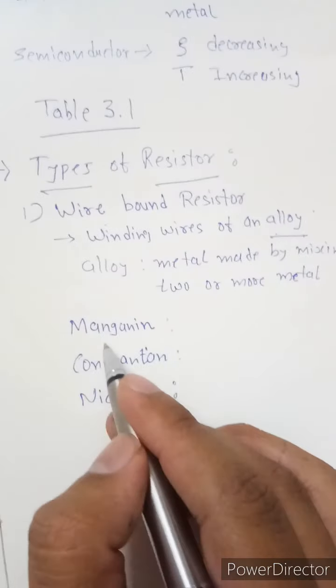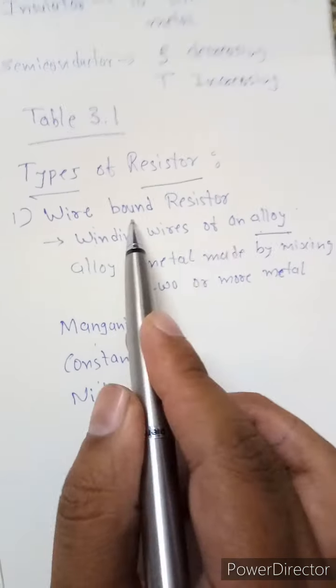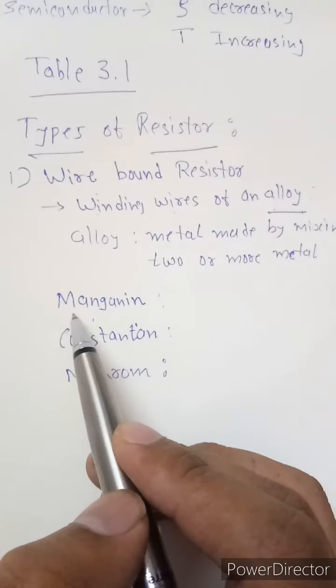These three alloys are used to make wire wound resistors.